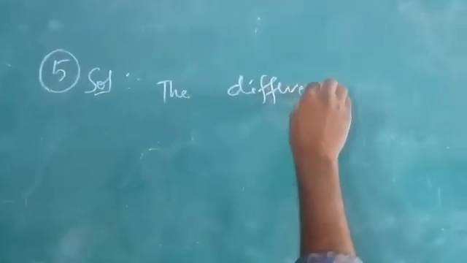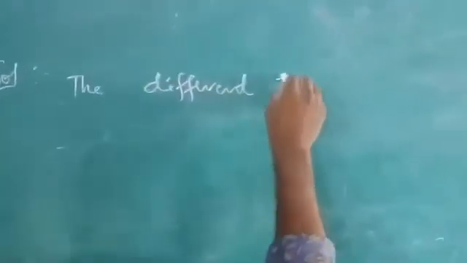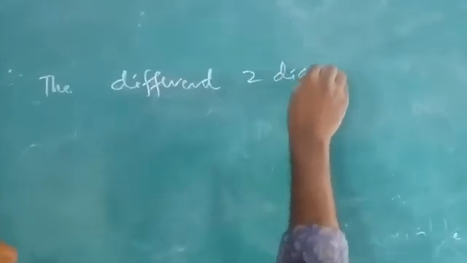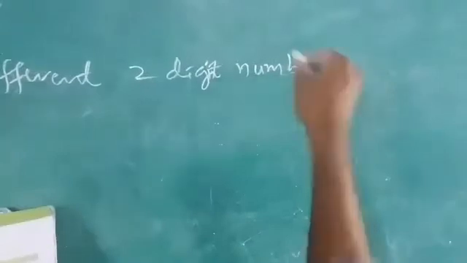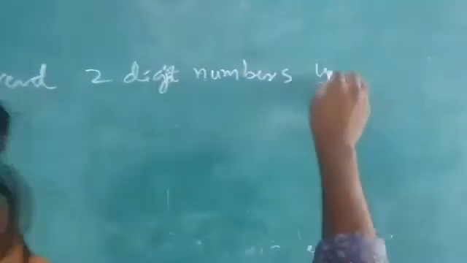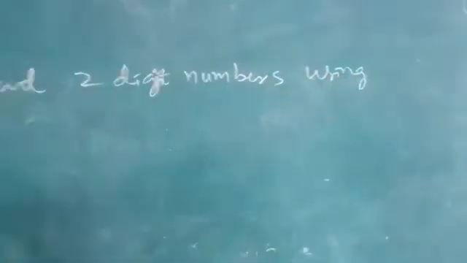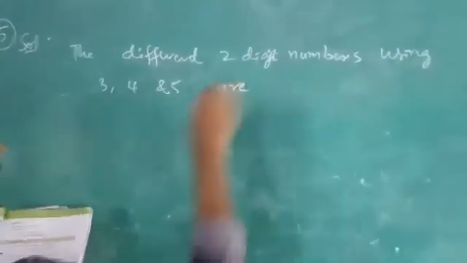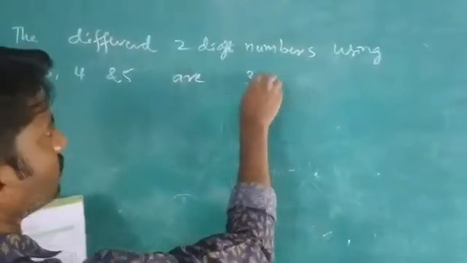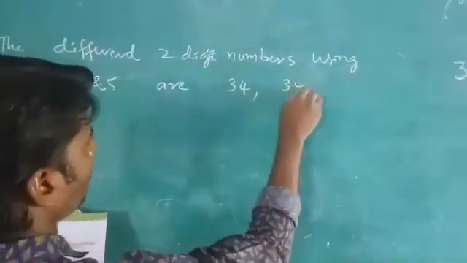We can take anything here. I'll write like this, 34 you take and 35 you take, anything you take, two numbers.